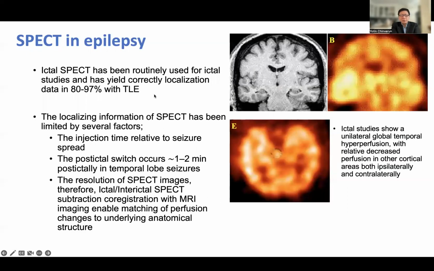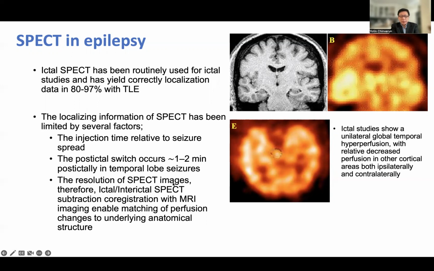SPECT in epilepsy has been routinely used for ictal study, with correct localization of about 80 to 90% in temporal epilepsy. The localization information of SPECT has been limited by several factors. One is the injection time before the seizure spreads, and propagation has been demonstrated to occur about 1 to 2 minutes after onset in temporal seizures.